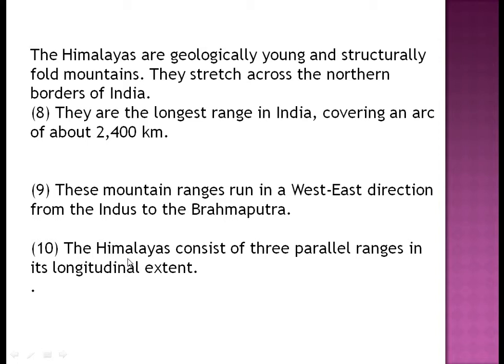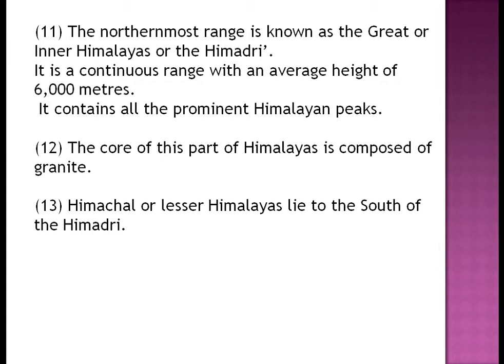The Himalaya consists of 3 parallel ranges in its longitudinal extent. So what are they? Soon we are going to see in the upcoming slide. The northernmost Himalaya range is known as Greater Himalaya or Inner Himalaya or Himadri. The 3 names are mentioned here.